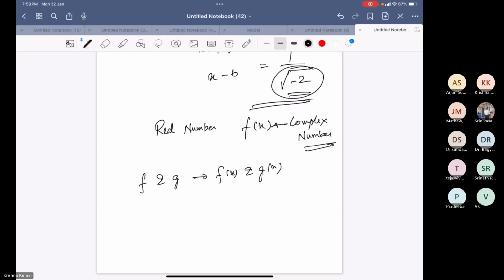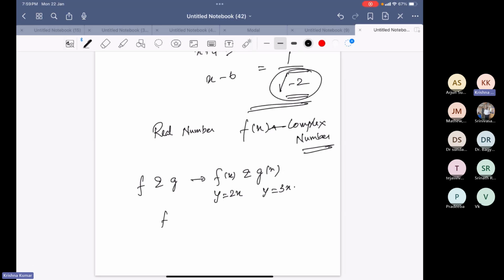We use notations called summation. So for example, this can be 2x, y is equal to 2x. Then I can sum the functions, in which case I define f plus g of x as f of x plus g of x.